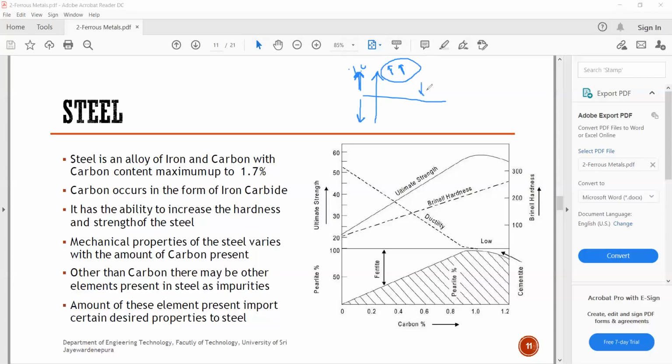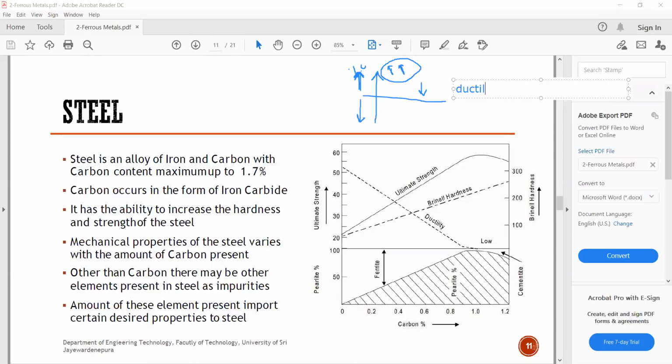Simultaneously, ductility is also decreasing, right? Ductility, then formability, malleability, weldability. So these are the things that will change. What are they?